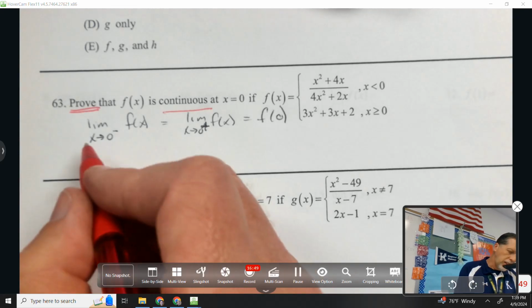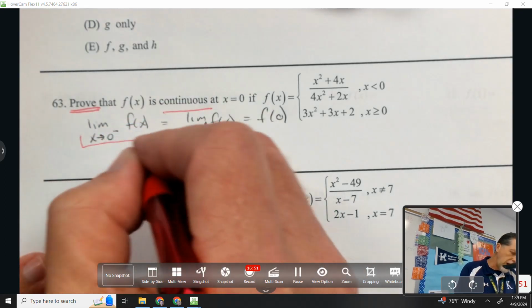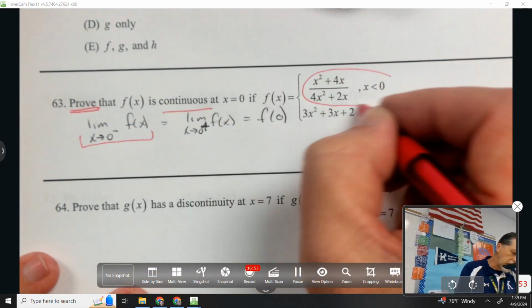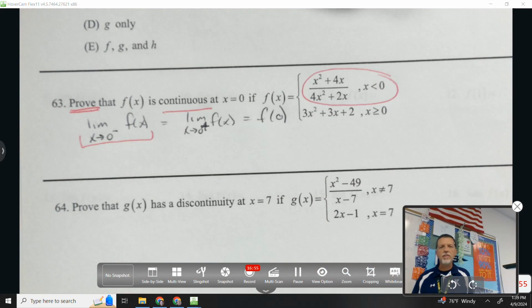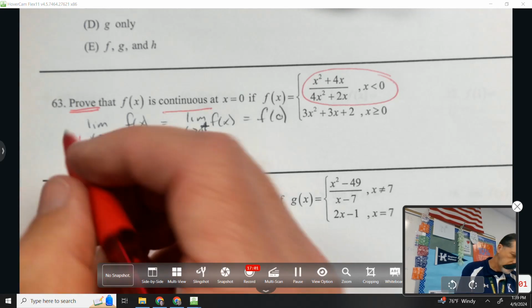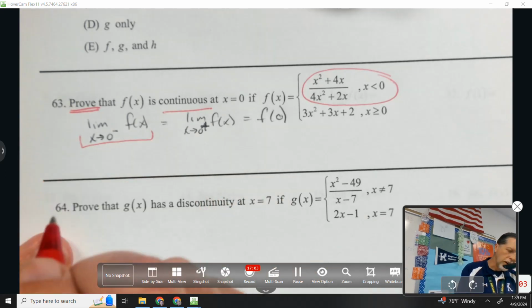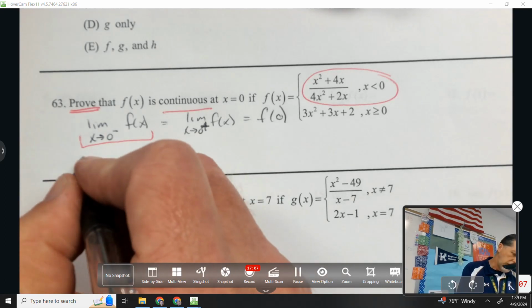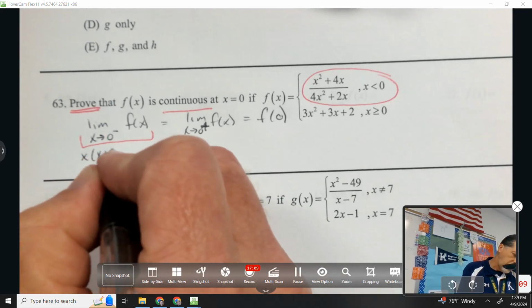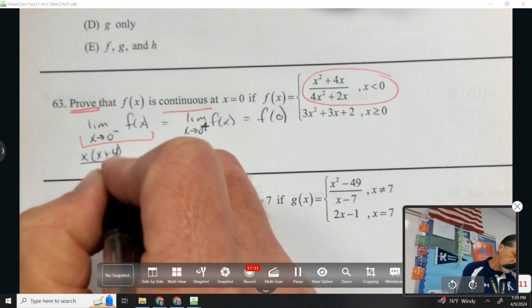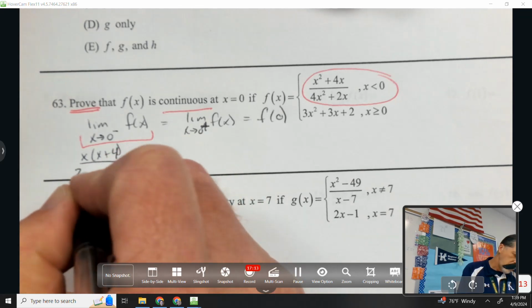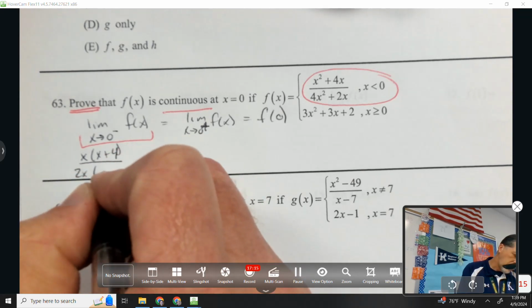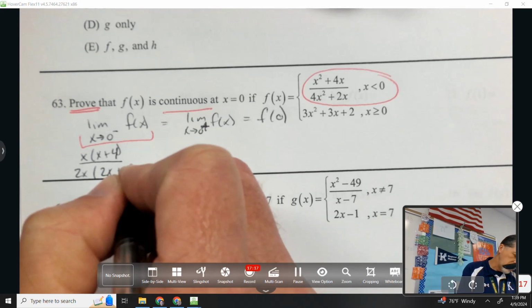So let's see. Limit as x approaches 0 from the left. That would be on this branch, because that's where x is less than 0. So let's plug in 0 there. Oh, it's not going to work because we get 0 over 0. So let's factor out an x. x plus 4 over 2x times 2x plus 1.